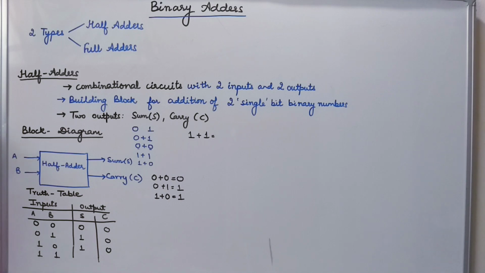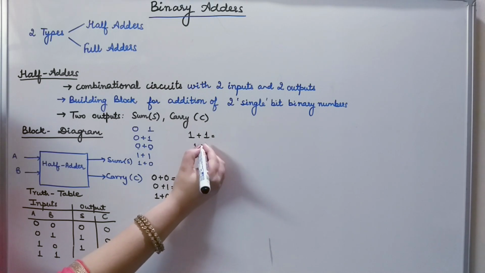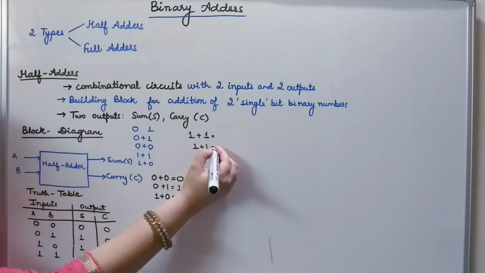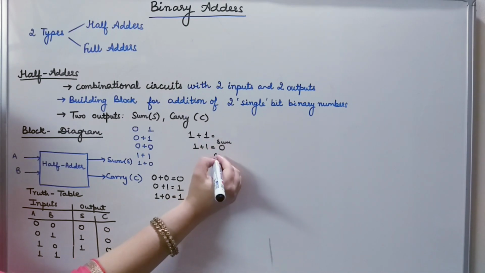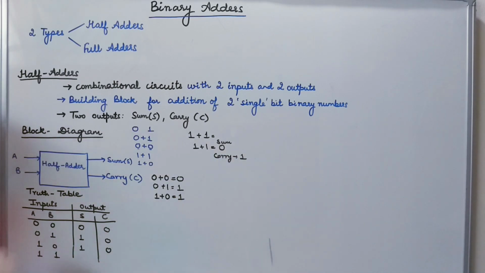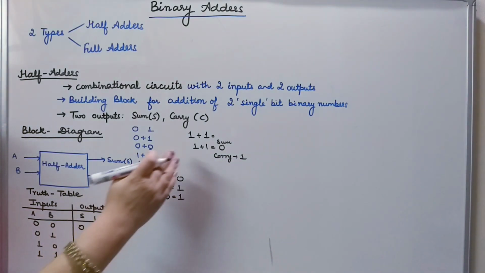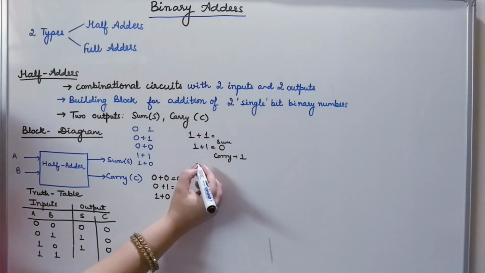When I add, in the case of a half adder, I am following binary addition here. 1 plus 1, the sum will be equal to 0 with a carry equal to 1. What does it represent?